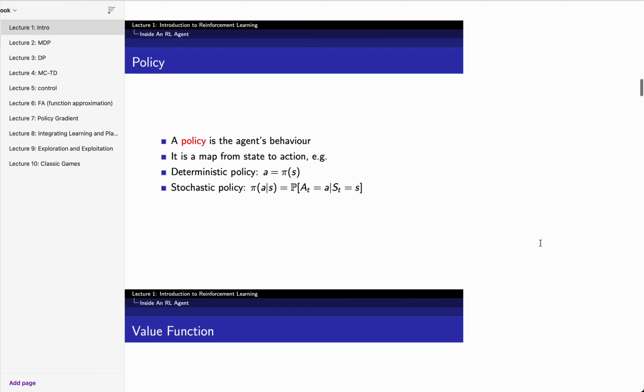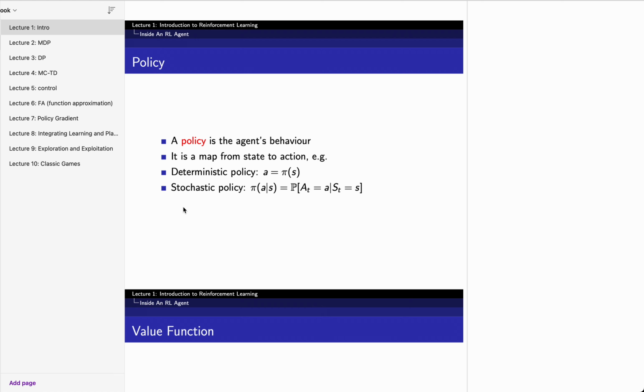So again, a policy is the agent's behavior. It is a map from state to actions. A deterministic policy would be, at the current state, I know exactly what my next action would be. If I'm holding a piece of pizza, my next action is going to be deterministic because I'm going to eat it.